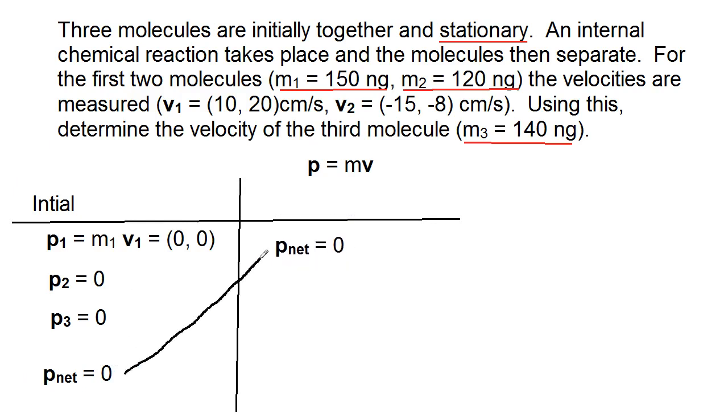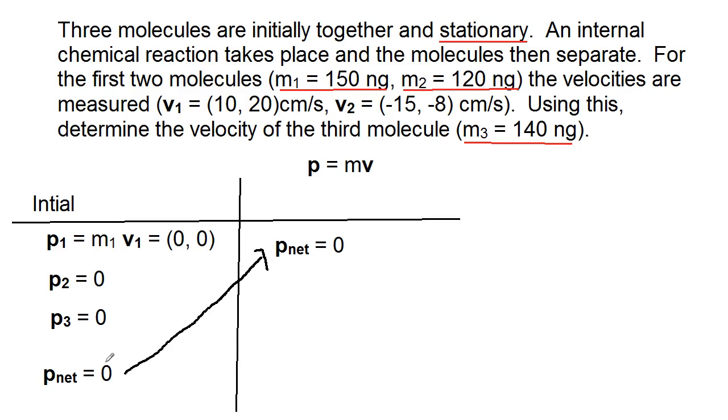So the minute you have no external forces here, we're going to keep them the same. And typically speaking, if you do have external forces, there's not really a lot of point to using momentum, because at the end of the day, you would have to find the change in momentum using those forces, which is equivalent to finding the change in velocity using an acceleration. But when there's no external forces, it works real well.